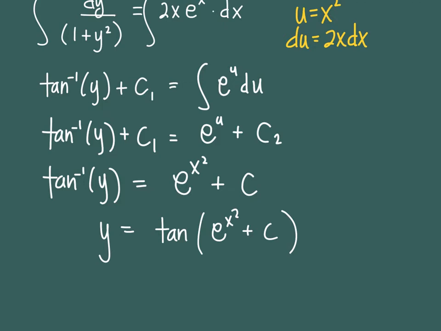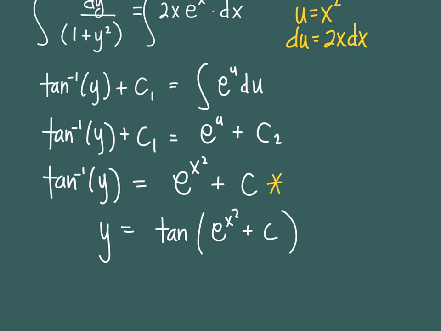All right, if you're solving for an initial condition, I would recommend doing that right here, before you do the tangent on both sides, because c is in a much nicer place. It's not trapped and buried within parentheses. So if you've got an initial condition, solve for it there rather than solving it at the end like we typically have been used to.